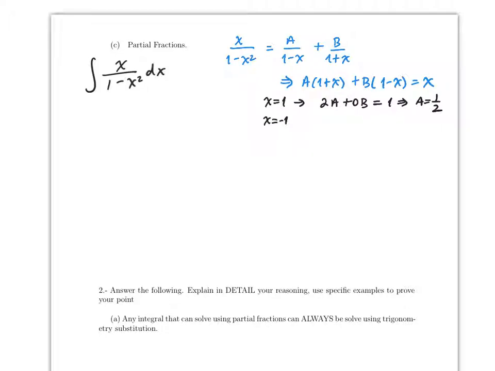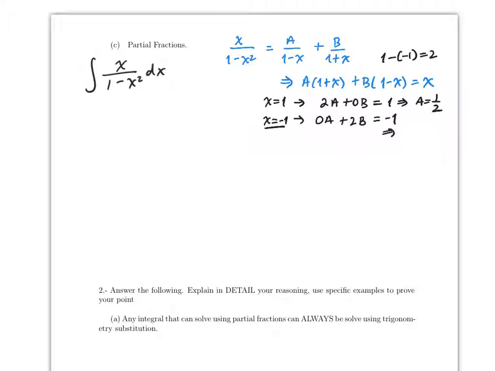Now pick x equals negative 1, so you end up with 0a plus 2b, so you have to be careful here. Remember, 1 minus negative 1 is 2, and this equals 1 because we're picking x to be negative 1.